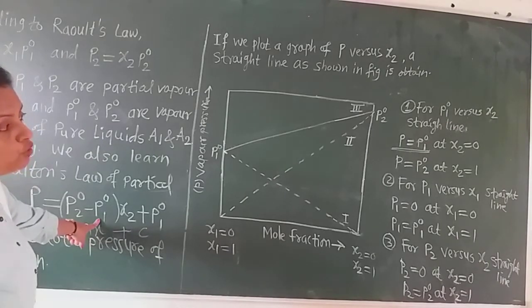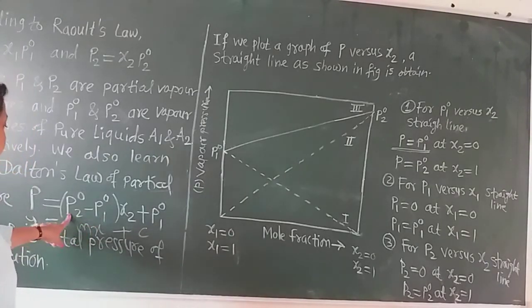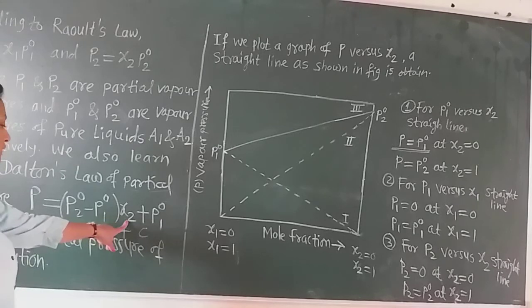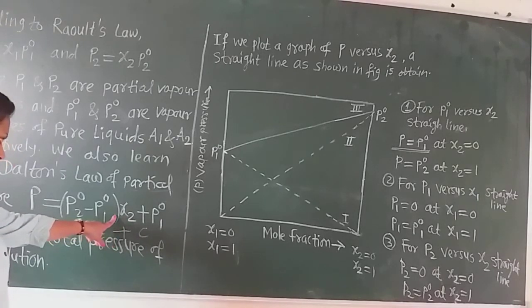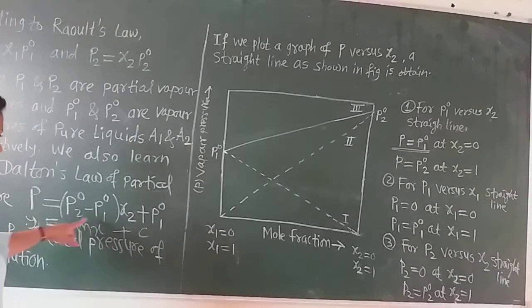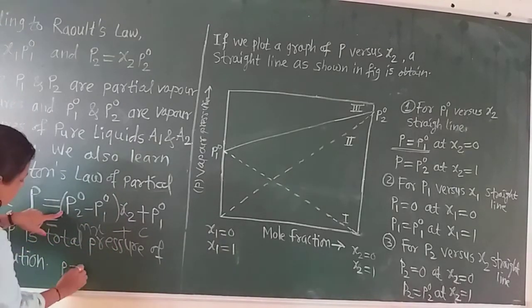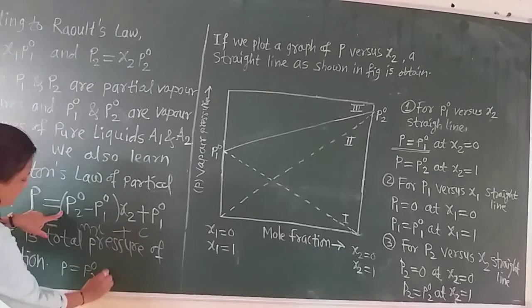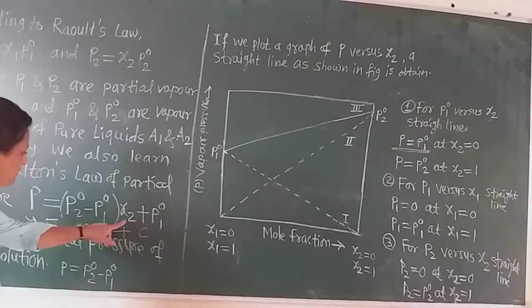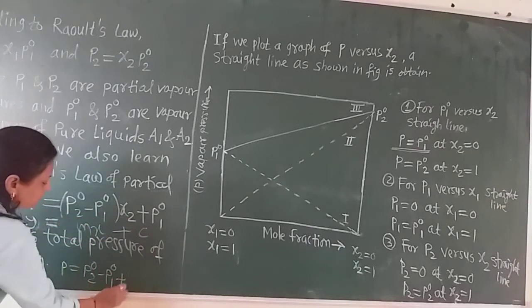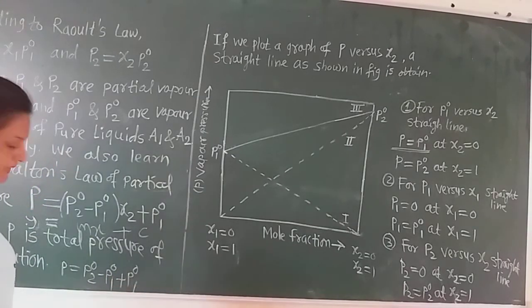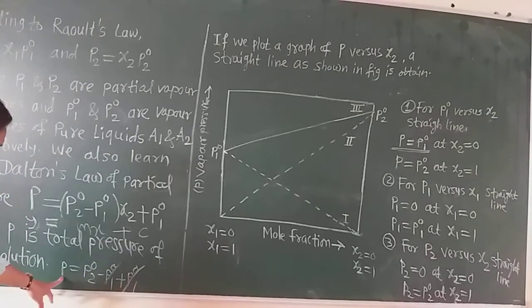If we put x2 as 1, then on multiplication by 1, P is equal to P02 minus P01, and P01 will be remaining. Now plus P01 and minus P01 get cancelled. What is remaining? P is equal to P02.